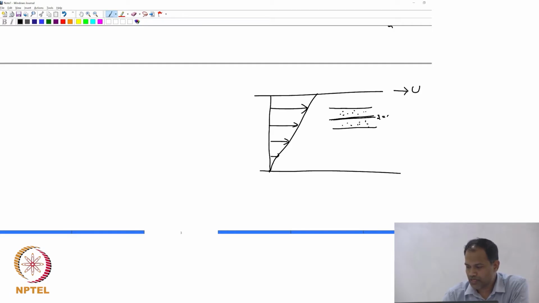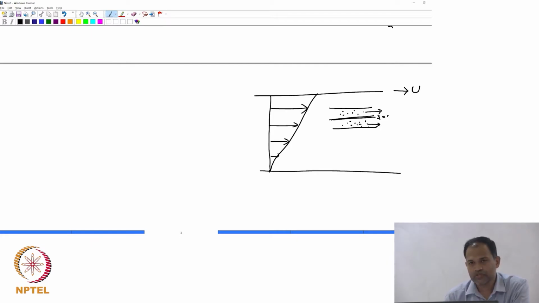These molecules have an x directional velocity. The molecules here have an x directional velocity. What this profile indicates is that the molecules at the bottom have a slower average velocity compared to the molecules above, right.